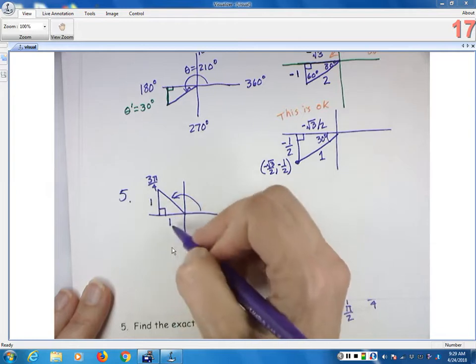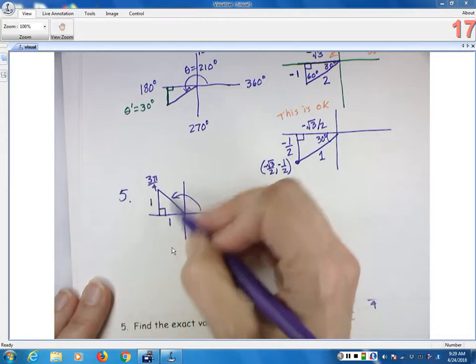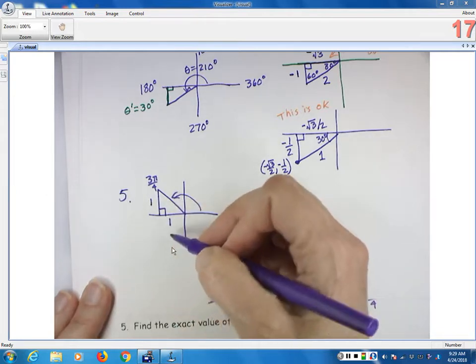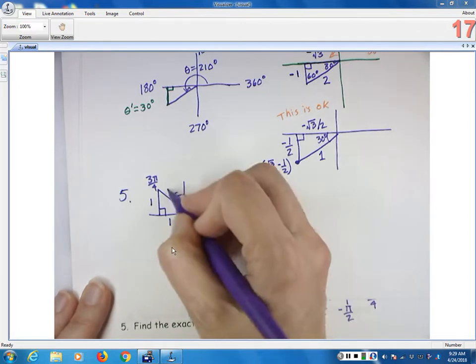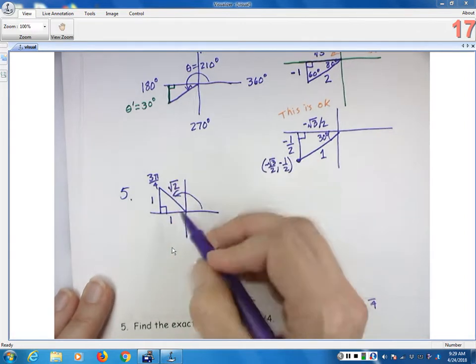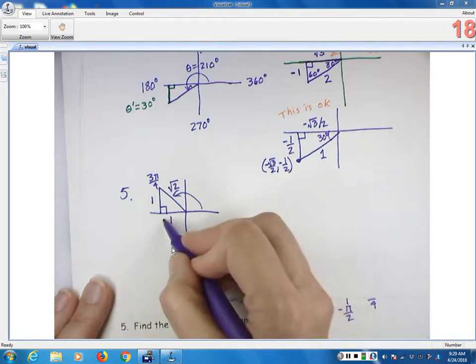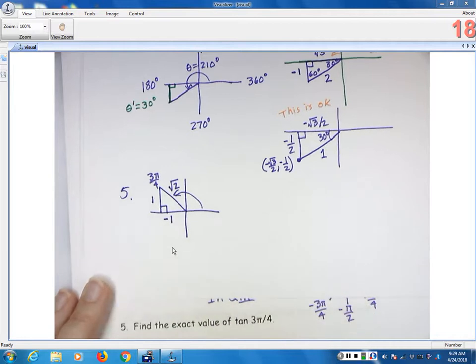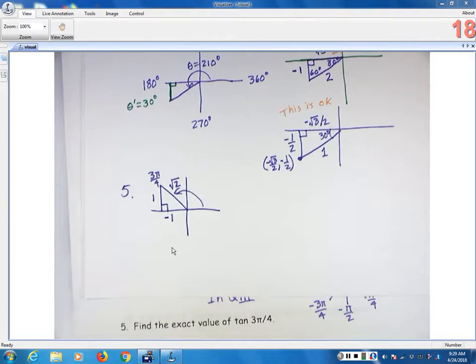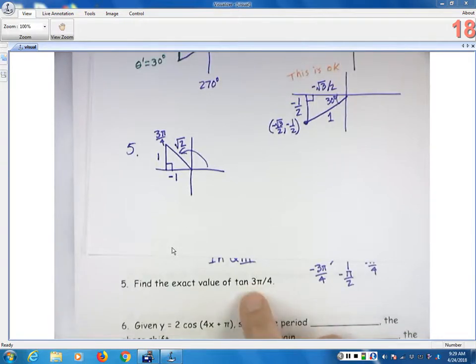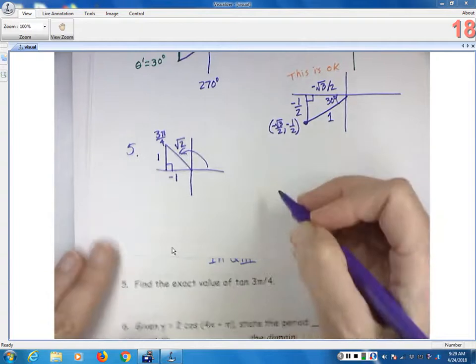And if you take 1 squared plus 1 squared and take the square root of that, you get the square root of 2. And because this is in quadrant 2, this is going to be negative here. So don't forget the sign. You're in quadrant 2, so x is negative. And so find the exact value of tangent of 3 pi over 4.